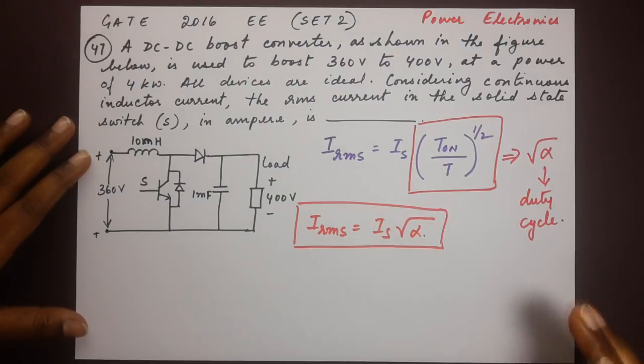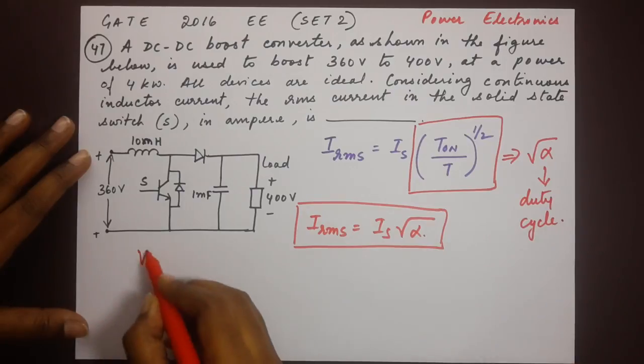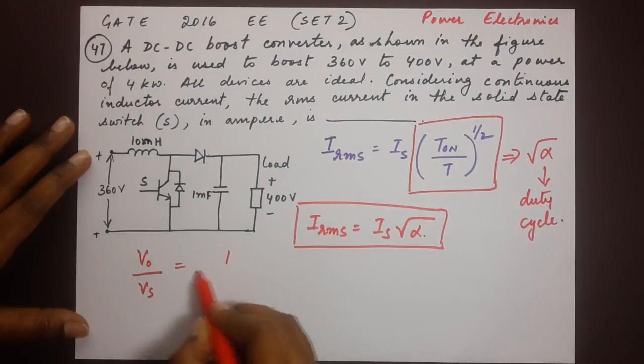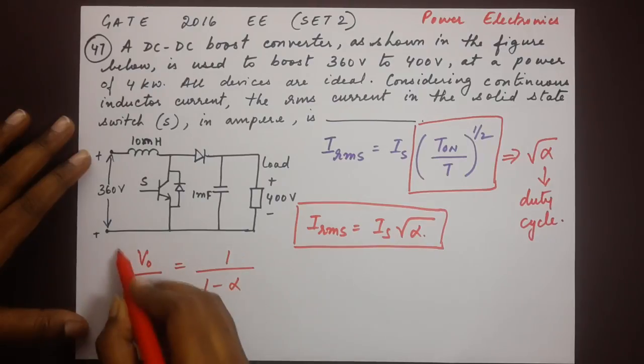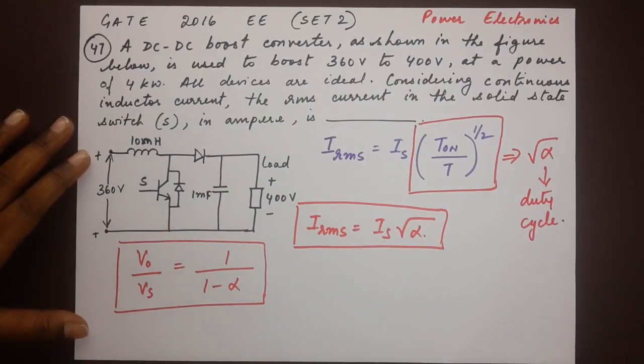For a DC to DC boost converter, we have a relation V naught by Vs is equal to 1 divided by 1 minus alpha, where alpha is the duty cycle. V naught is 400 volts, Vs is 360 volts. So, let us substitute: 400 divided by 360 is equal to 1 divided by 1 minus alpha.